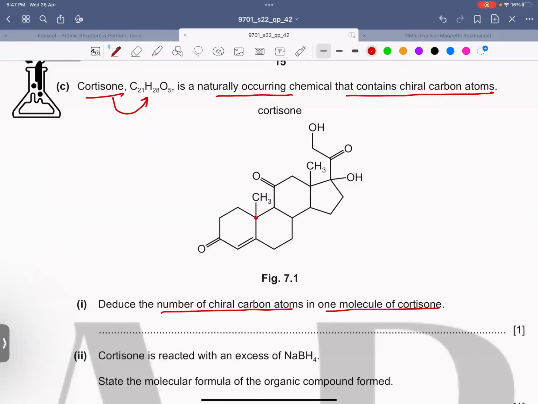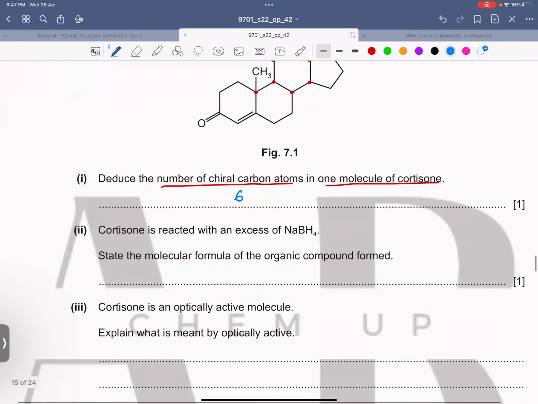So here is one chiral carbon. There is a second one, third one, fourth one, fifth one, and the sixth one. So yeah, 6 chiral carbons. Okay, next part.